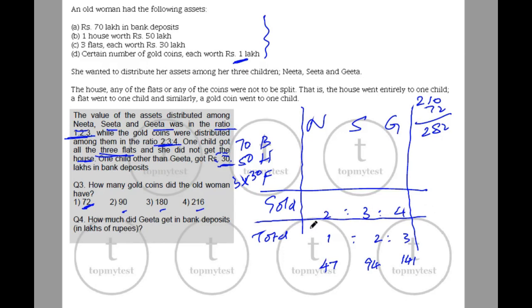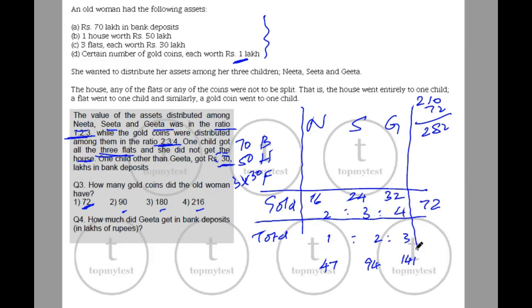And the gold is split in the ratio 2:3:4. So the 72 is split in the ratio 2:3:4. So 2/9 will be 16, then 8 3s are 24, and 8 4s are 32. So this is the value of gold.